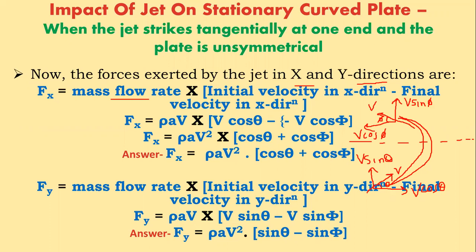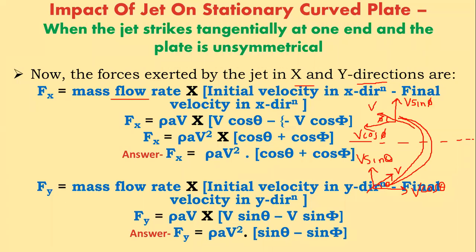Here we have seen jets striking on a flat vertical stationary plate. Then second, we have seen jets striking on a flat inclined stationary plate. And third was jet striking on a stationary curved plate.